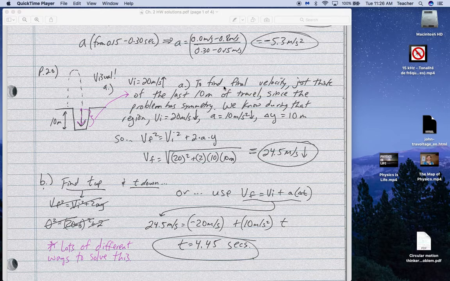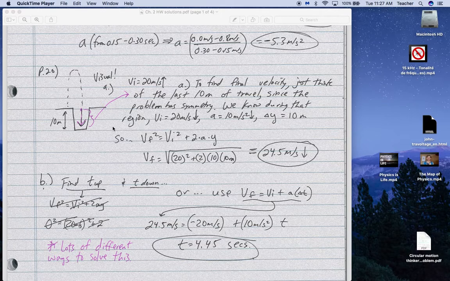So you could think of basically the last 10 meters of flight, and because any particular location is at the same elevation for a projectile, the velocity up would be the same magnitude as the velocity down, just opposite direction. So really at ground level, when it's moving back down, it's moving 20 meters per second and it has to go 10 meters.